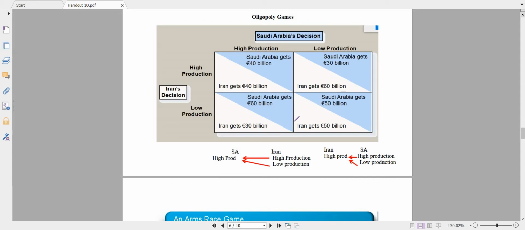Now, if I ask you what is the collusion outcome, or the cartel outcome, if both Iran and Saudi Arabia cooperate with one another, which is the best outcome for them? We can identify this outcome through the process of elimination. This outcome here is not beneficial for both the parties.